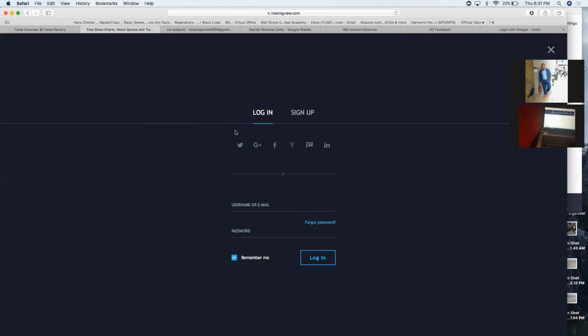For today, I'll be doing a Zoom call on how to use TradingView. TradingView is a platform, a website, where you're able to mark up your charts and create an assessment of what's going to happen in the market.